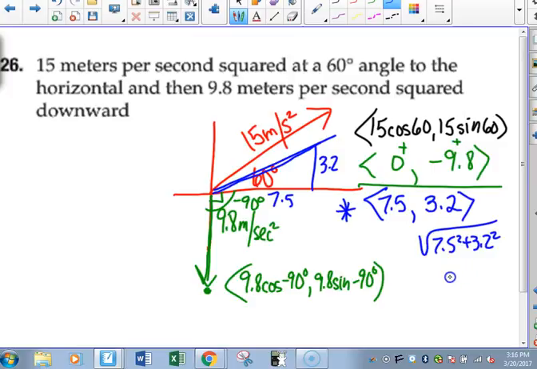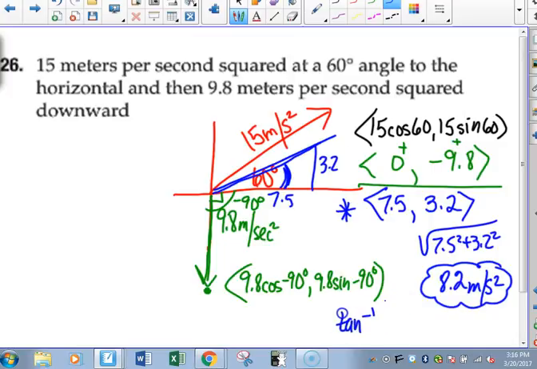I got like 8.1 or 2-ish. Yeah, I think the book had 8.1 because I think they rounded differently, but we're all good. Meters per second squared, and that's our magnitude. All right. If we want to find out the degrees above the horizon right there, can we just do what?